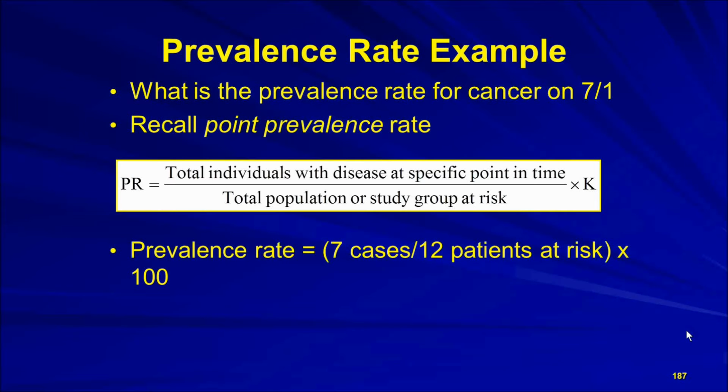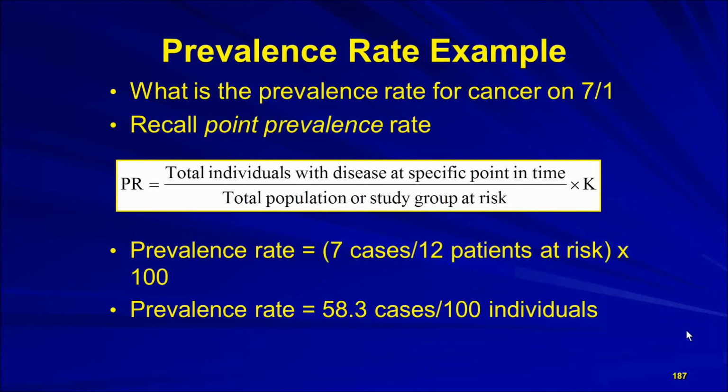And if we go back and count, we will have 7 cases, out of 12 patients, which is the population at risk, and this is a study group, and we're going to use times 100. So our answer in this particular case is 58.3 cases per 100 individuals.